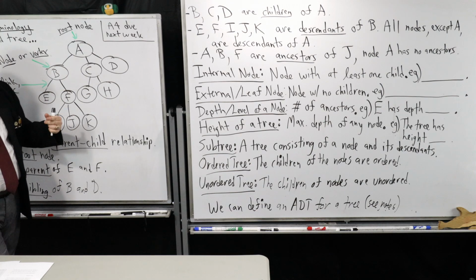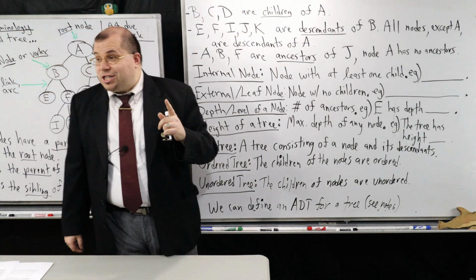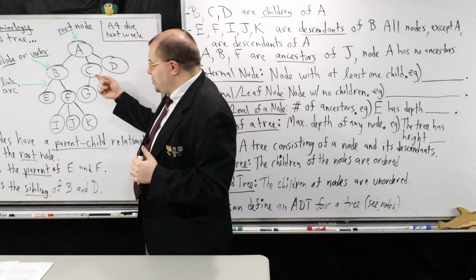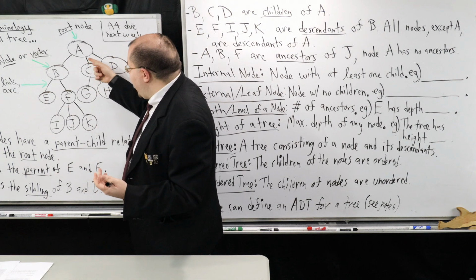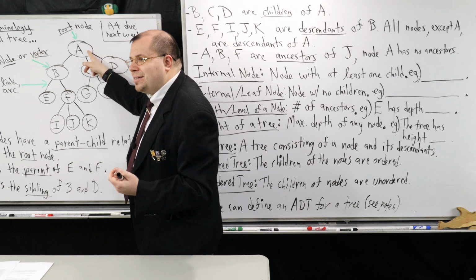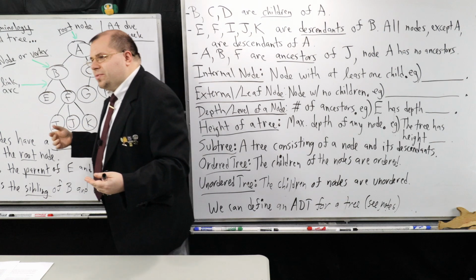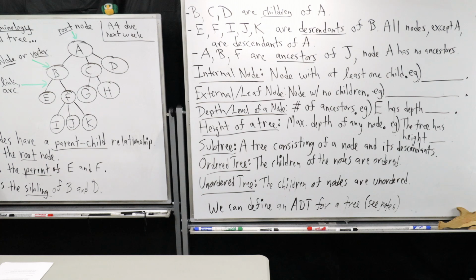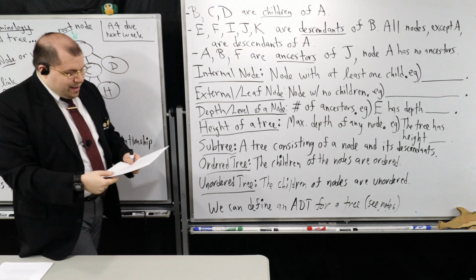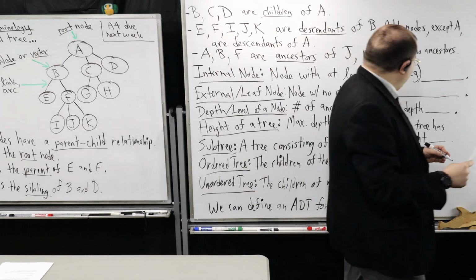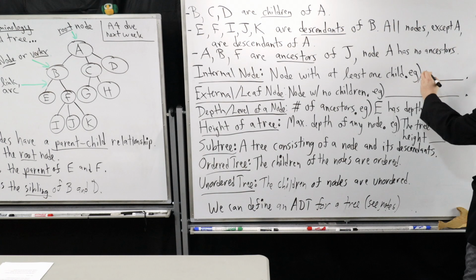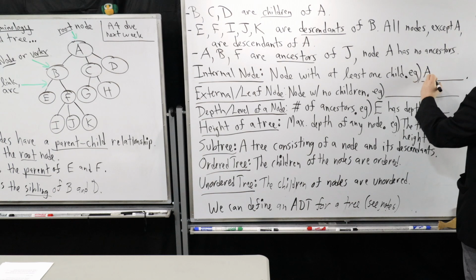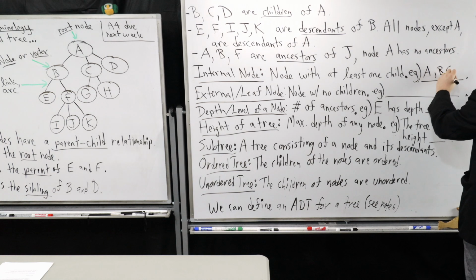You know right away that any node that has at least one child is an internal node. For example, something like A is an internal node, right? So could somebody tell me what all of them are? So let's see. We got B, C, F, and A. Yeah, there should be 4 of them. That's all of them. Wonderful. I'm just going to list them in alphabetical order: A, B, C, F.